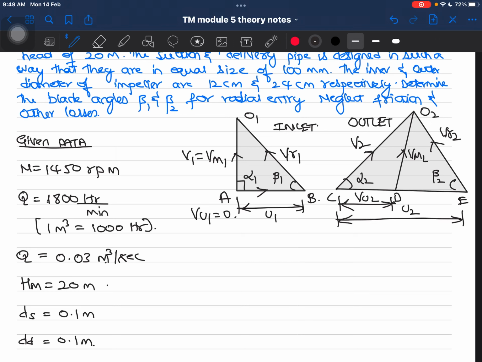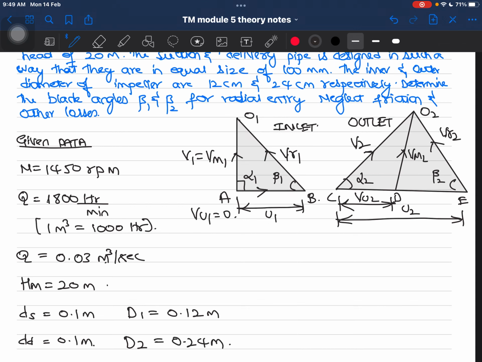And now next, the inner and outer diameters of the impeller are 12 centimeters and 24 centimeters respectively. That means the inner diameter, the value of d1, is 12 centimeters. So immediately convert it as 0.12 meters, and the outer diameter d2 is 0.24 meters.